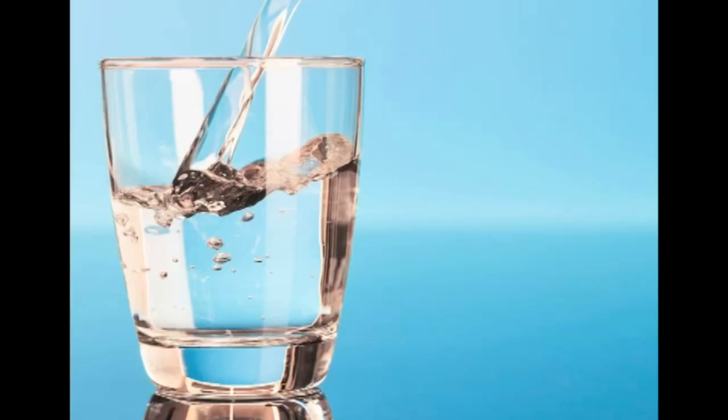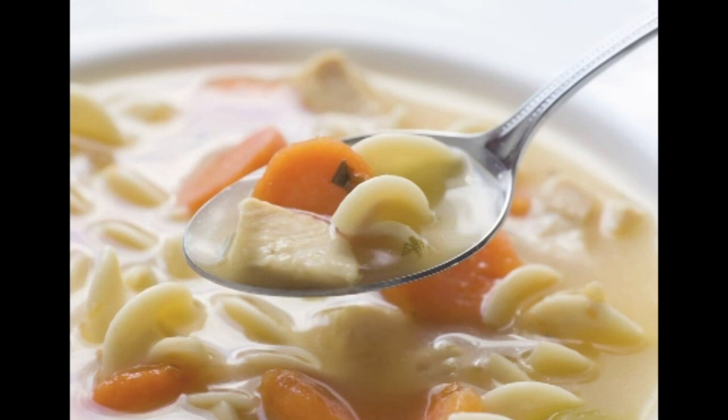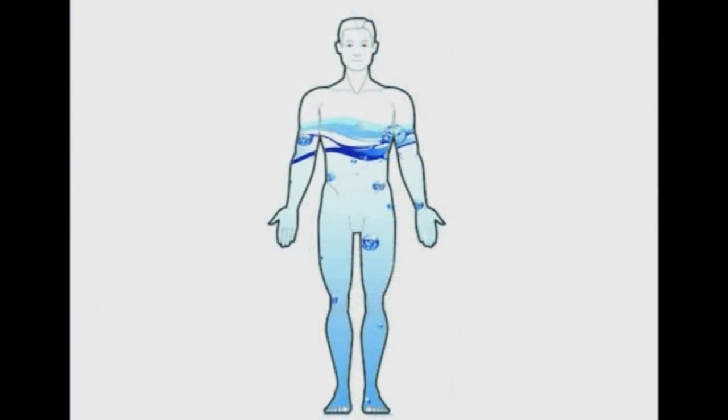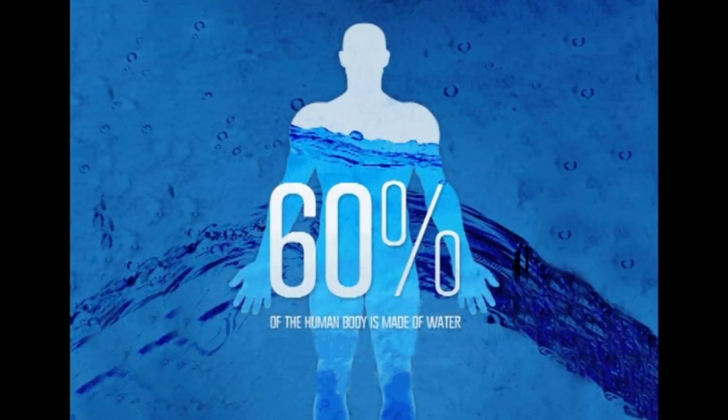Now we get water not only from the foods that we eat, but a major part of water is obtained from the beverages and water that we consume. Water plays an essential part in our body structure, and it accounts for 60% of the total body weight.